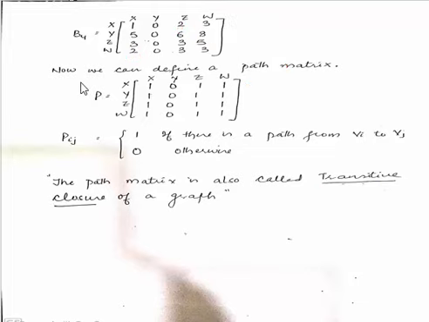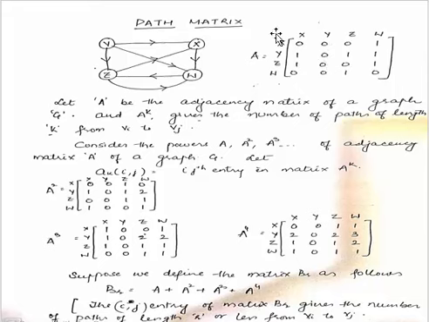Okay. So how to find out the path matrix now? Suppose a graph is given to you. First of all, find out the adjacency matrix A. Next, if there are 4 nodes, find out A raised to power 2, A raised to power 3, A raised to power 4. But if there are 5 nodes, you need to find out A raised to power 5 also. And then take the summation of all these.